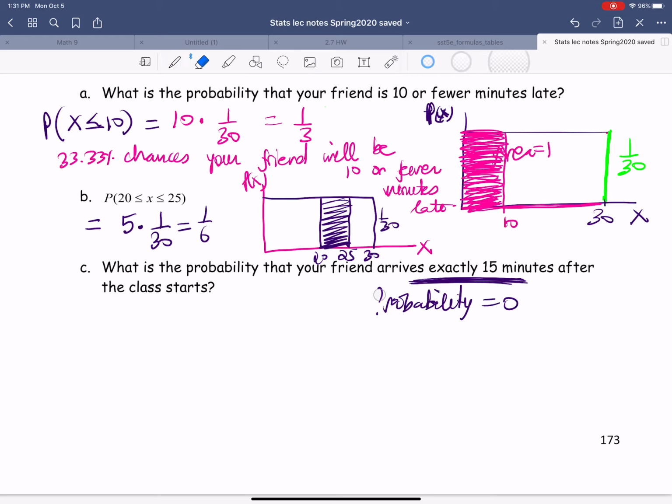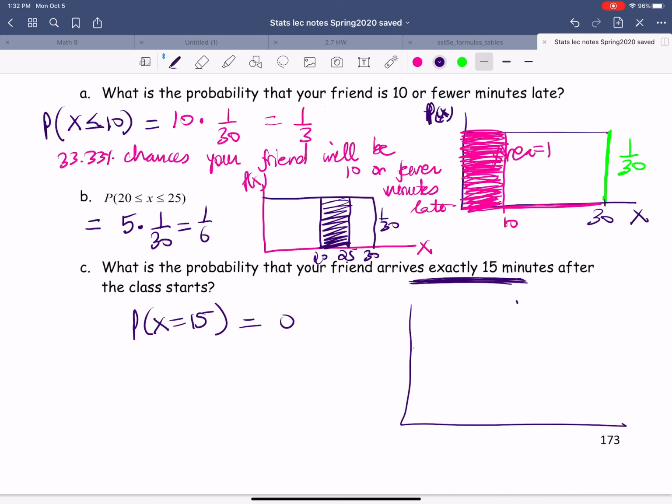The probability that your friend arrives exactly at 15 minutes is going to be 0. Why? Think about drawing your rectangle. It goes up to 30, and now think about exactly 15 minutes. 15 minutes is here, but we are talking about a continuous variable and we don't have any width of the rectangle.